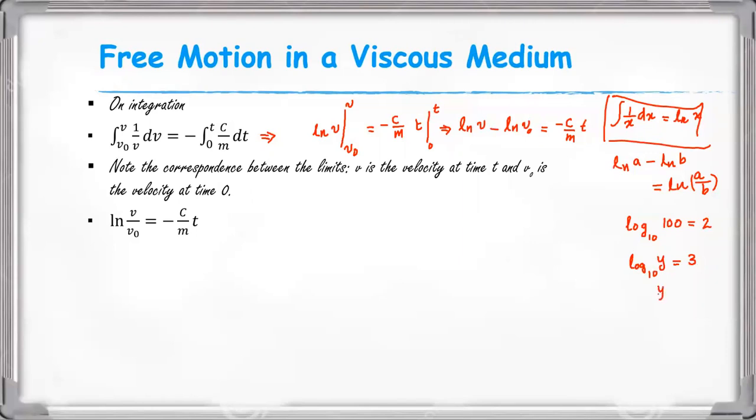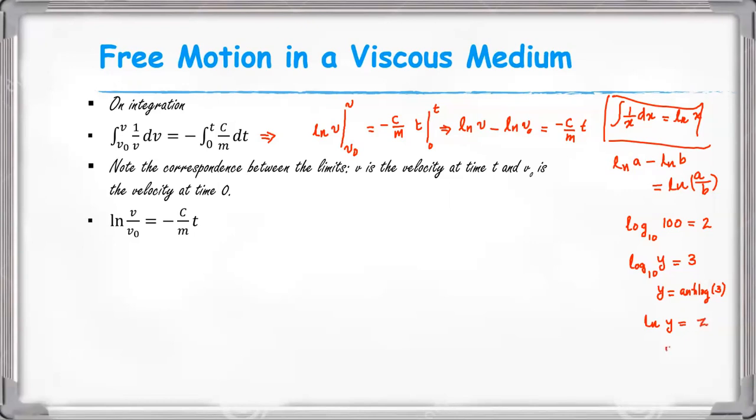Then to obtain y, what we have to do? We have to take anti-logarithm of 3. Then we will get the quantity y. In the similar way, ln of y is equal to some quantity z.